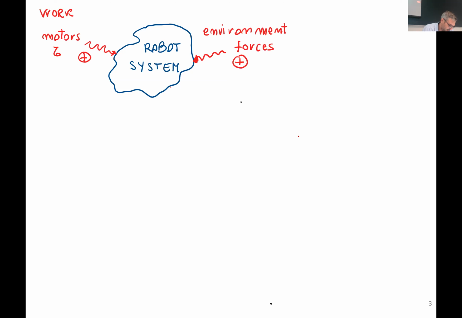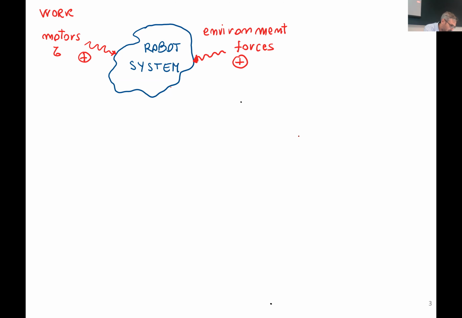Now, we want to put on the same side of our dynamic equation all the generalized forces that are performing work on the robot. So the positive work is when the work is done on the robot.